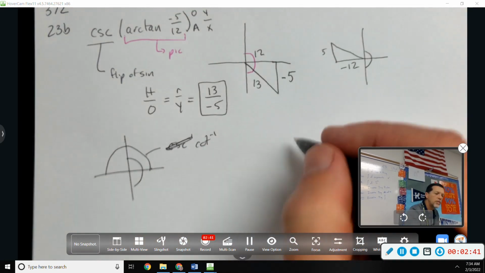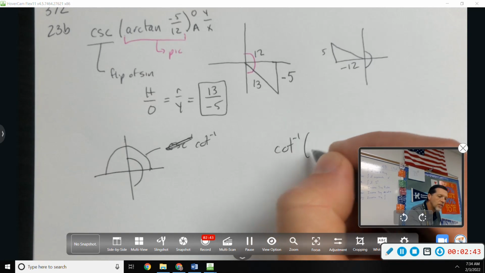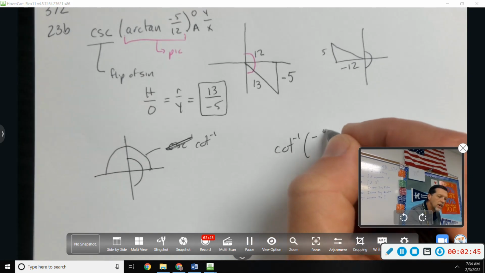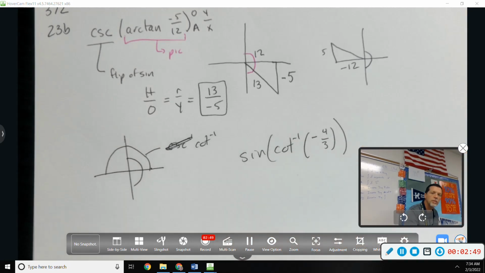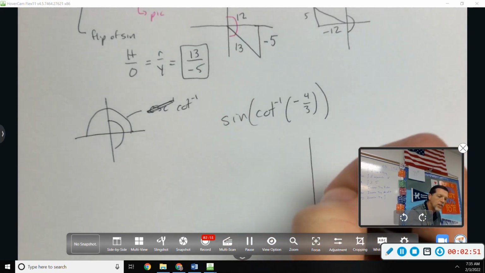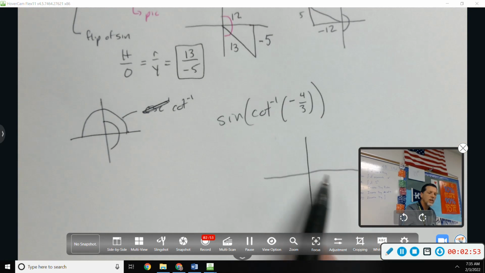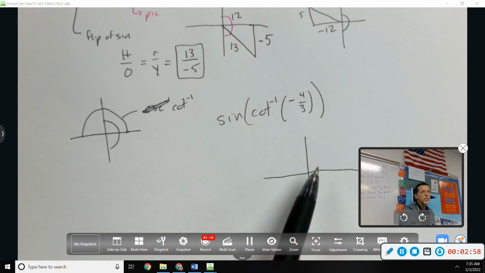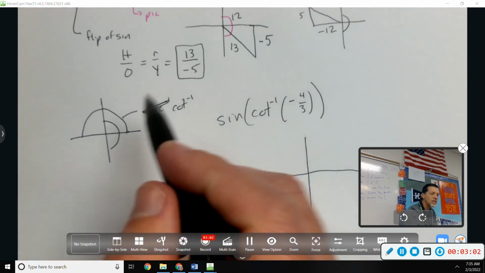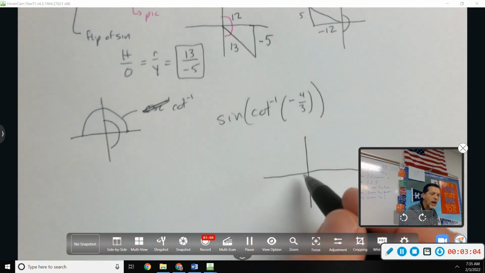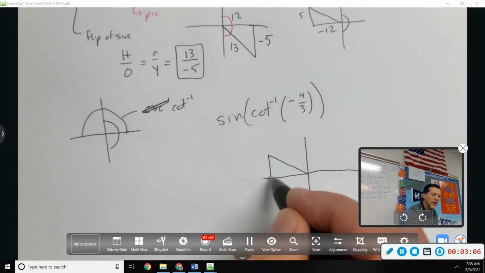Because if you're doing inverse cotangent of negative 4/3, and we'll do the sine of that just to finish the problem. So cotangent is negative in second and fourth. And fourth would be the quickest way, but inverse cotangent is first and second. So you'd have to draw the triangle over there.